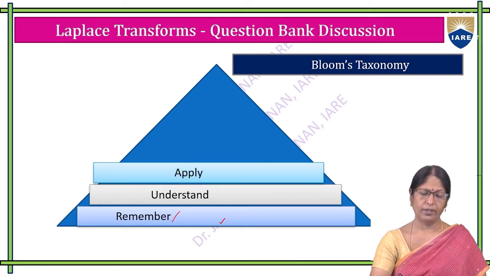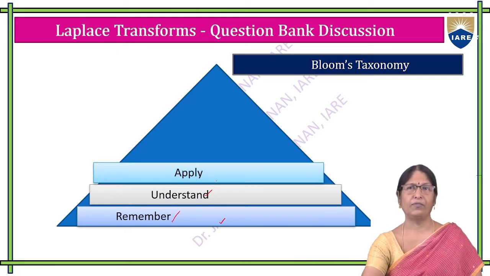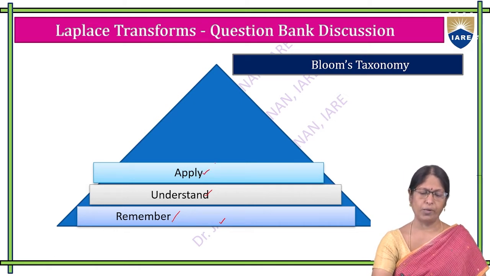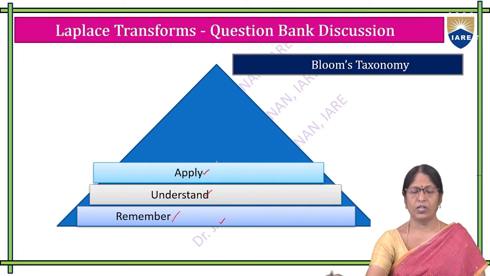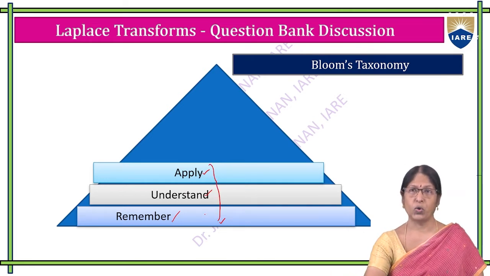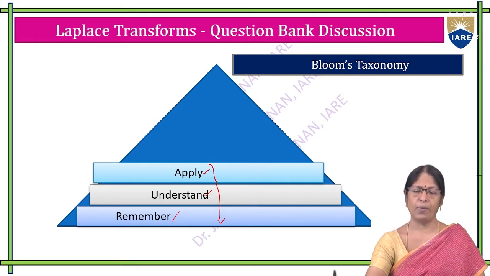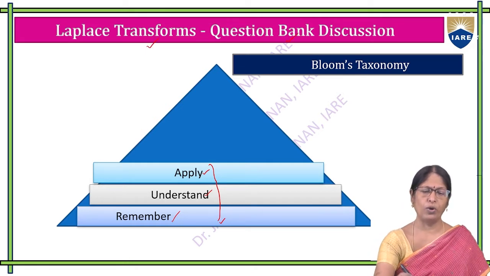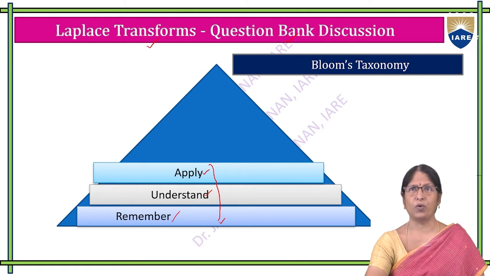So recalling and understanding the defined formulas, we will apply them in the problems for the solution. So this is our target. Based on this, the question bank for this module 1 Laplace transform is prepared.